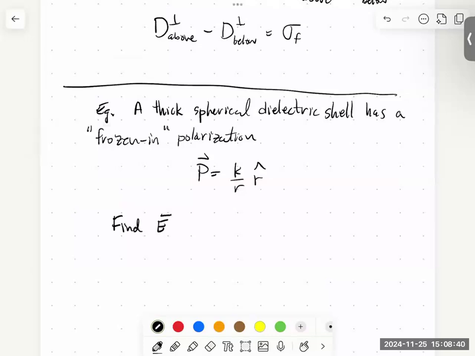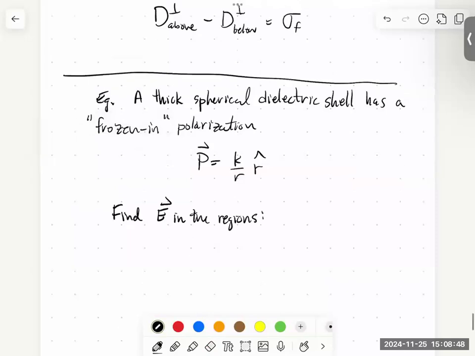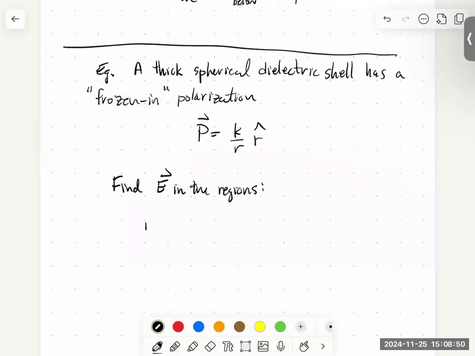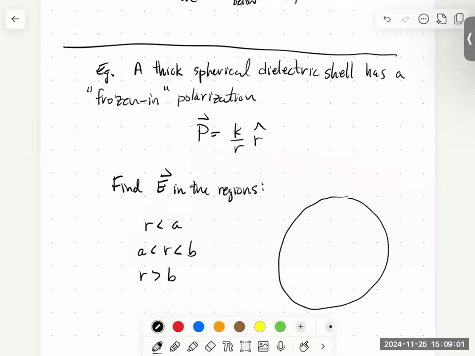in the regions, okay, so there could be the following. Here, I'll draw the picture and these will make more sense in a second. So we have a thick dielectric spherical shell.